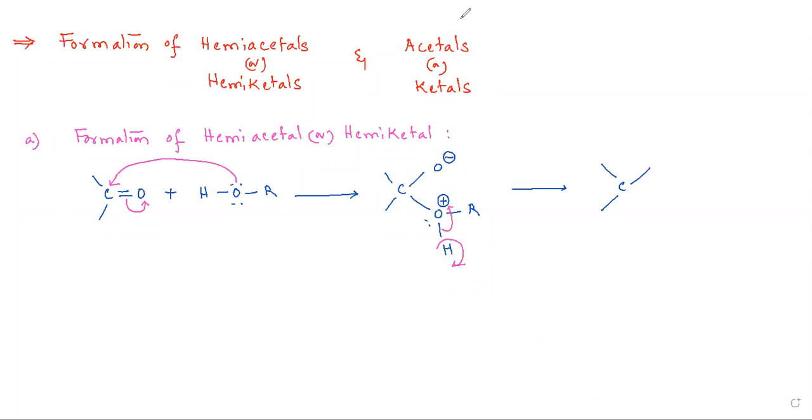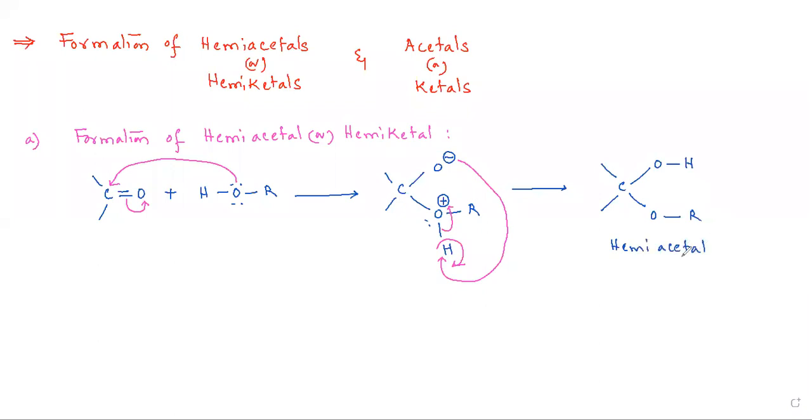Now see here, this proton is given, or let me say is abstracted by O minus. So we get OH and here it is OR. Now this is what we call hemi.